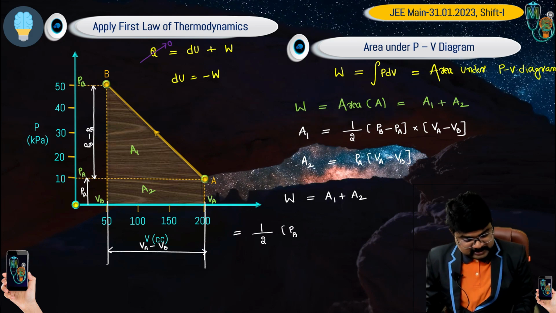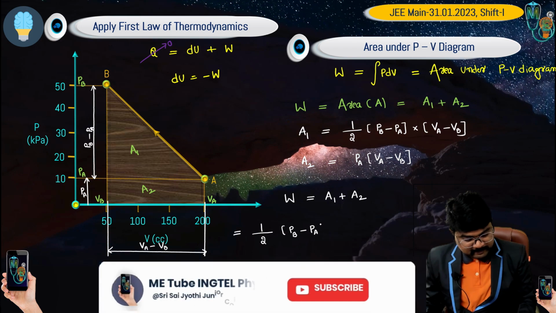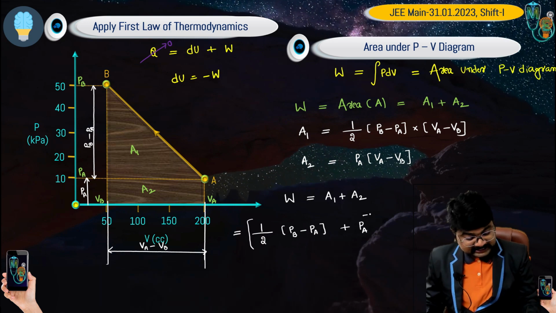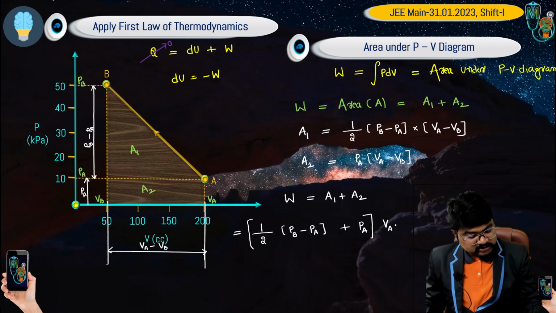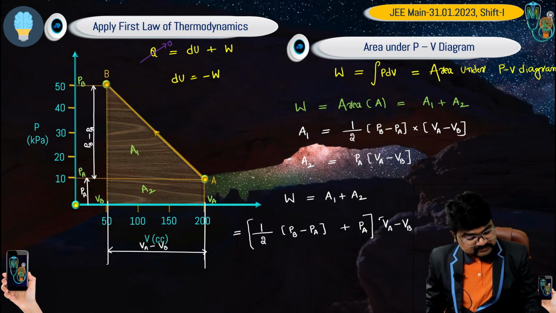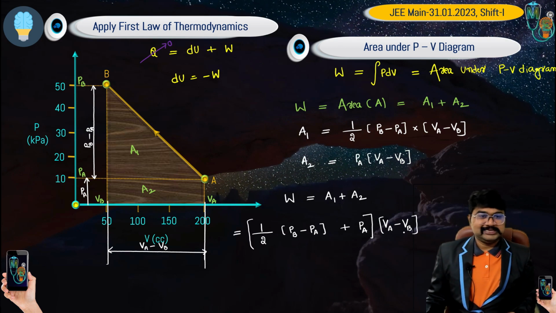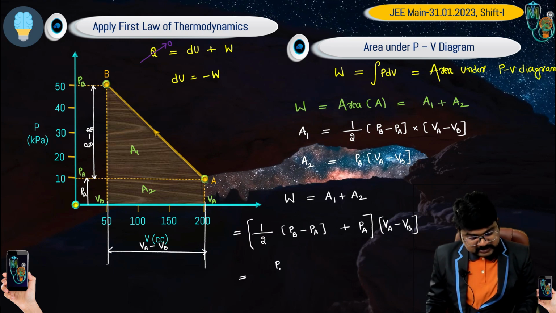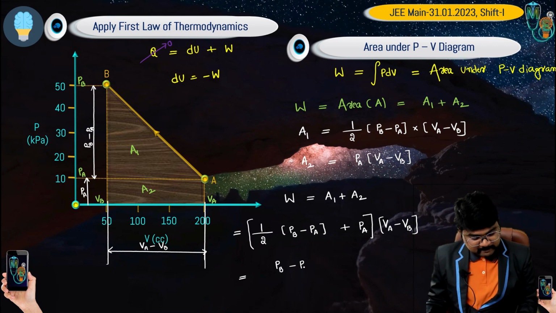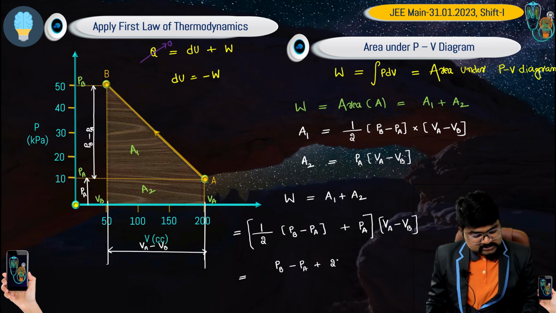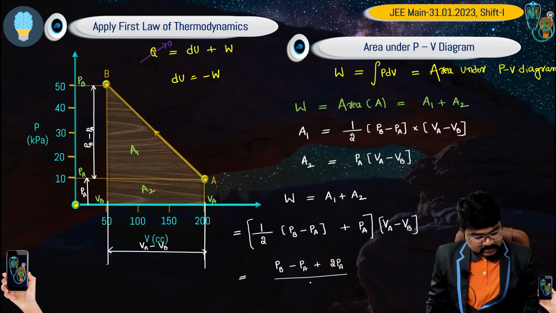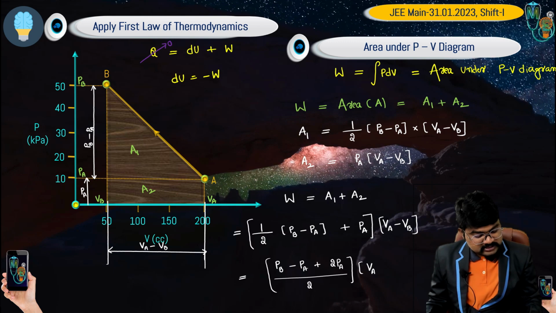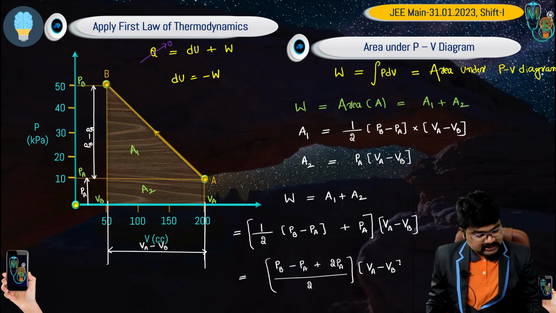You can take VA minus VB out, and add the two: PB minus PA over 2 plus PA, which gives PB minus PA plus 2 PA by 2, into VA minus VB.